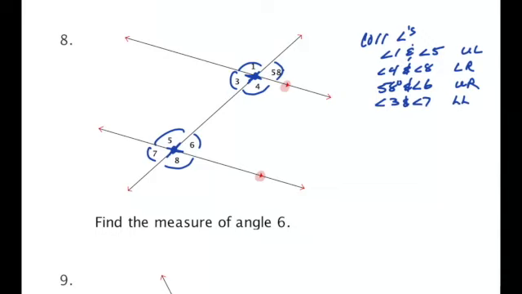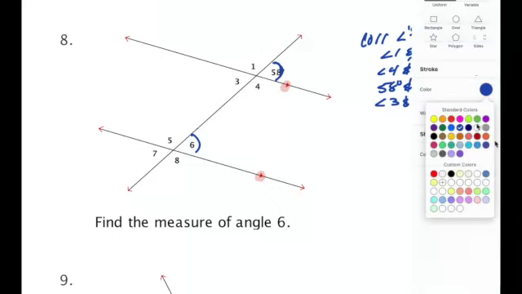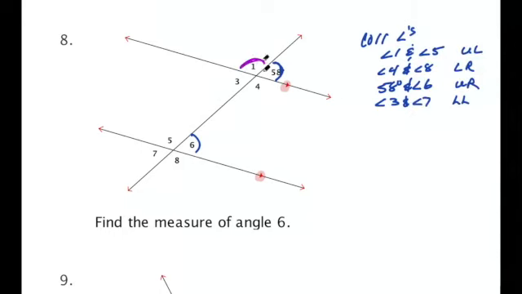Now, what you should notice about those sets of corresponding angles is that we have an acute angle, which is less than 90, and then we've got these obtuse angles that are greater than 90. So you've got acute angles that are all going to be equal, and obtuse angles that are all going to be equal.